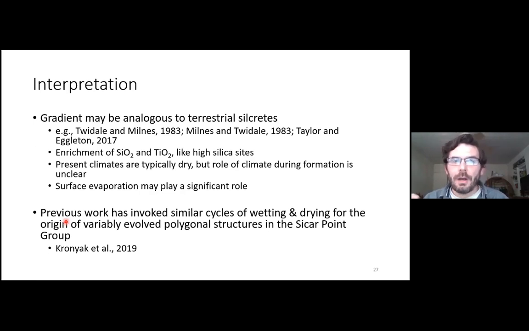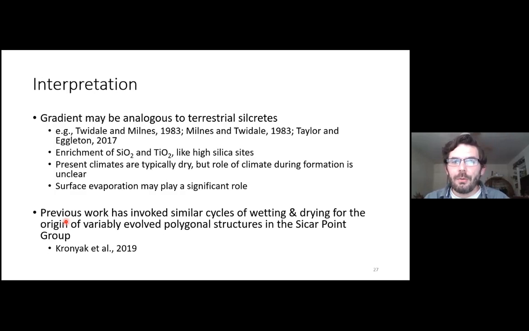First off, we know there are other places where you have increased silica due to the presence of water, and enrichment of silica in terrestrial areas, creating silcretes, which enrich both silica and titanium, like we see here.